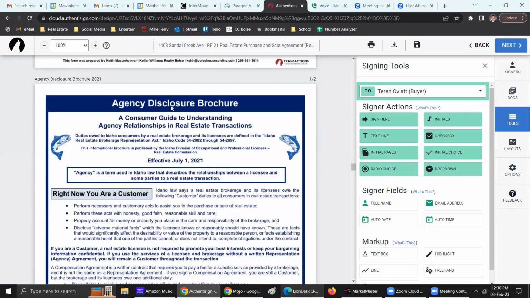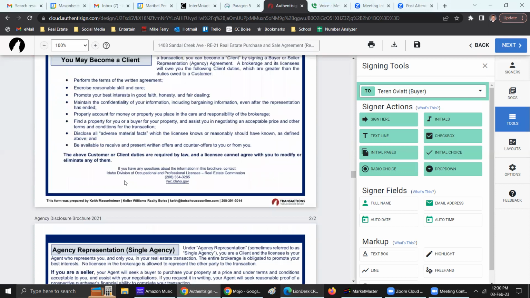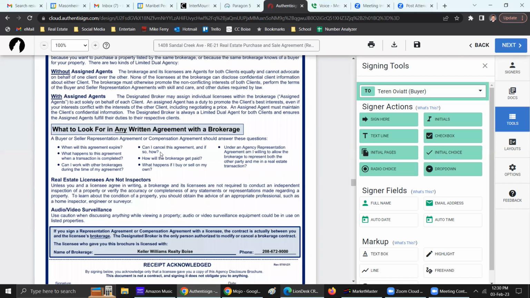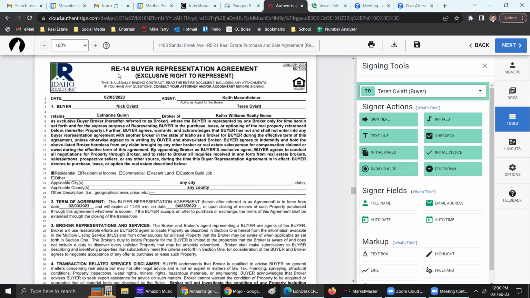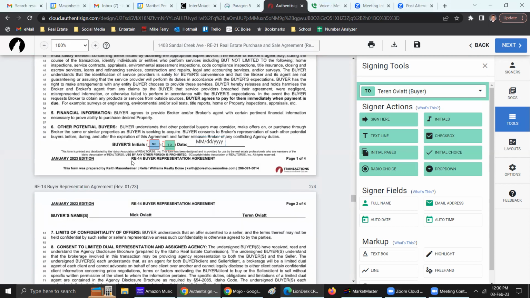This is the State of Idaho disclosure form, basically saying the difference between a customer and your client. Obviously, I'm going to represent you as a client just to best protect you, but this just states what the difference is. And this buyer rep agreement basically gives me the authorization to represent you and all the benefits that come with that.